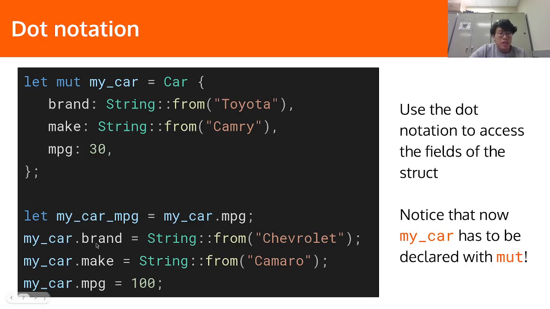Here we're giving the brand field a new value, the make field a new value, and the mpg field a new value. Notice that when we want to edit the fields of this particular struct that we have instantiated, we need to declare it with the mut keyword. Again, just to remind you, this ensures that the variable my_car itself can be mutable and the values can be mutated.